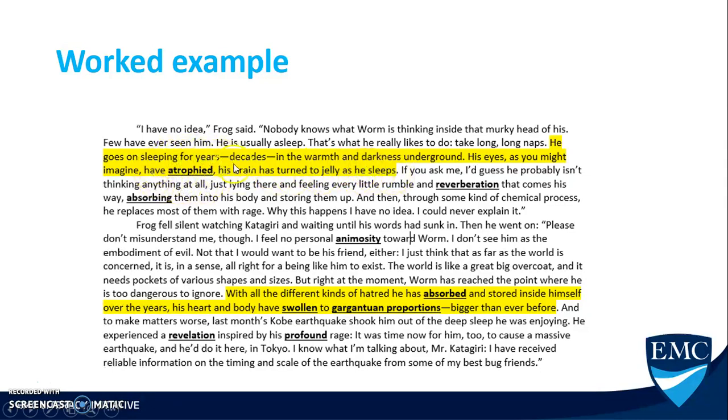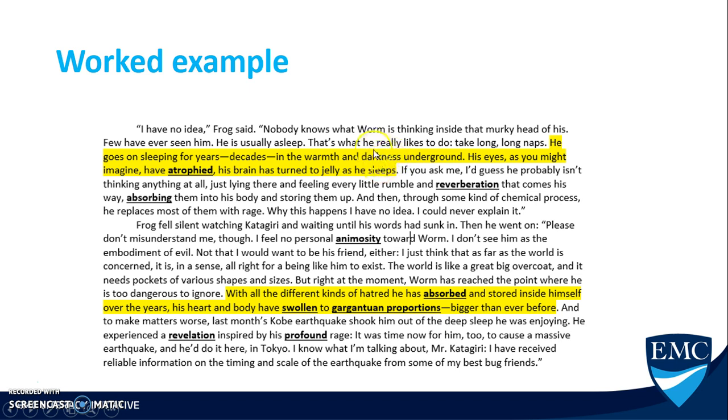So, the word we've got here is atrophied. I have no clue what that means, but I'm going to look around the sentences and see if I can find some clues. We've got this mention of murky head over here. He's asleep. He's been sleeping for a long time, for years, for decades, in the warmth and darkness underground.